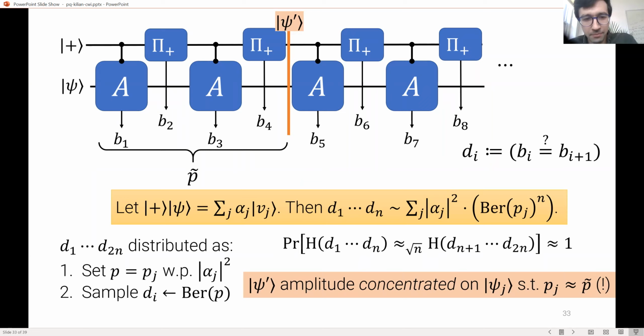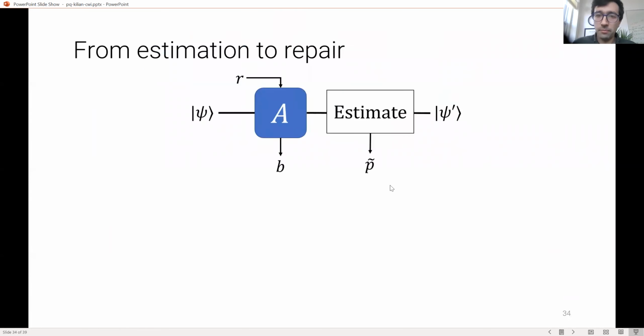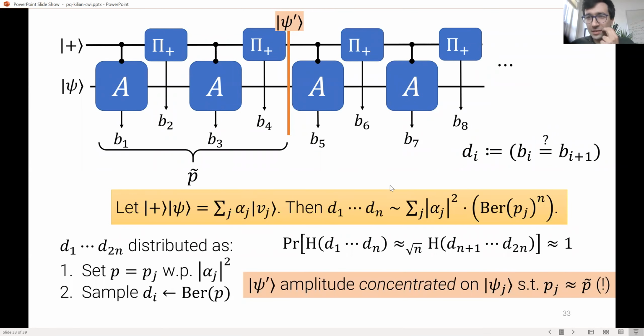It's not the case that it's concentrated on a single two-dimensional subspace, but you will get a concentration on eigenspaces, on subspaces that have value close to this P tilde. So sort of a spectral analysis: you get close to this eigenvalue, and then it's a subspace. Exactly. There's some sort of bell curve of concentration which is centered around this P tilde that you measured in the first half.